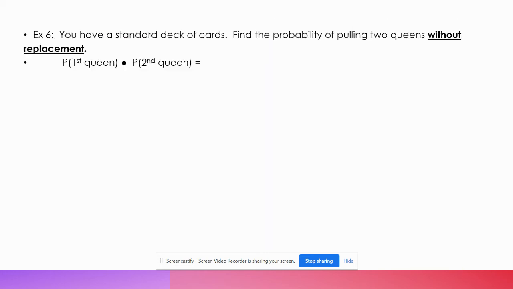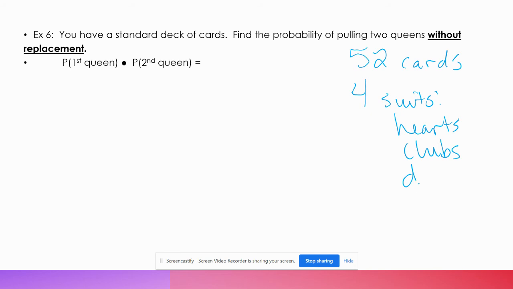All right, last but not least, we have a standard deck of cards. I want to talk a little bit about decks of cards, just in case some of us maybe haven't played cards before. There are 52 total cards in a standard deck. There are 4 suits. There's hearts, clubs, diamonds, and spades.